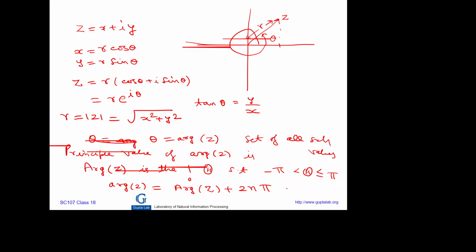Right. So you can always, if I have to compute principal argument, just restrict the value of theta, right, between minus pi to pi, and then you can find out what is the value, right, where does it lie. So this is pretty simple thing. There are certain properties about this, by the way, yeah.